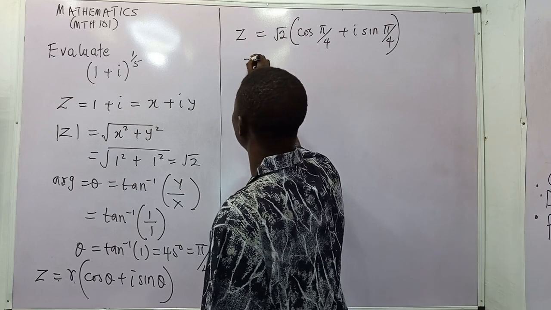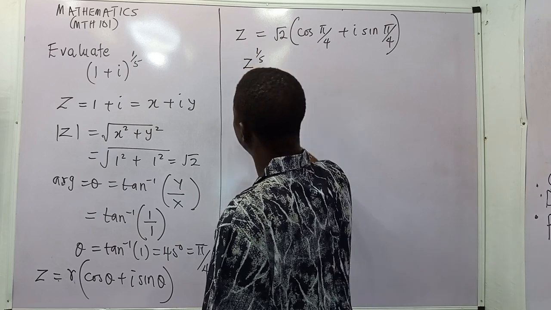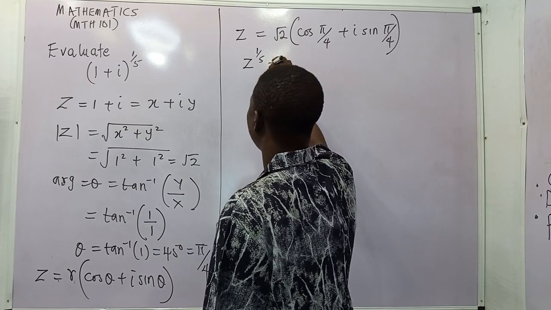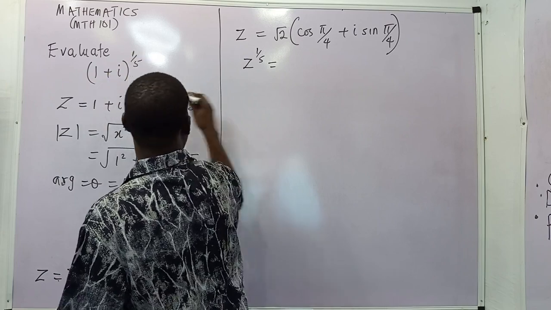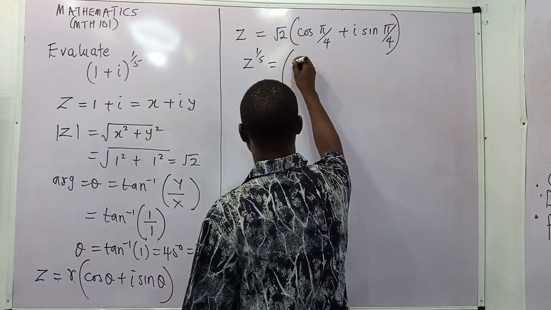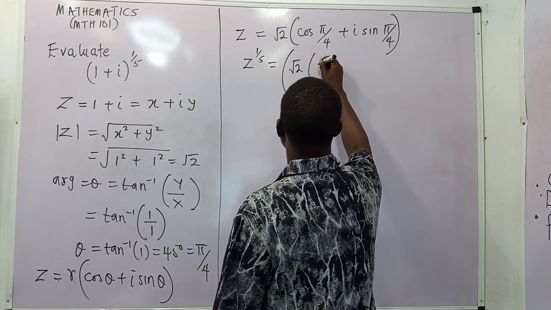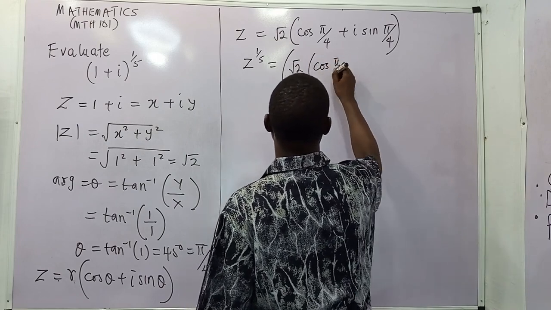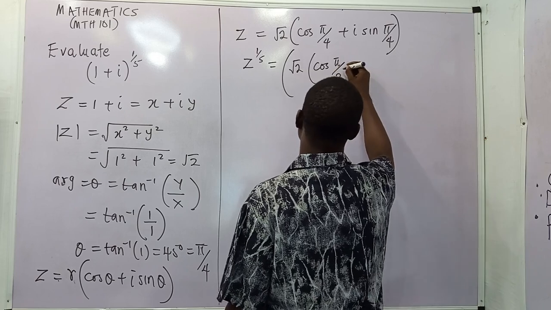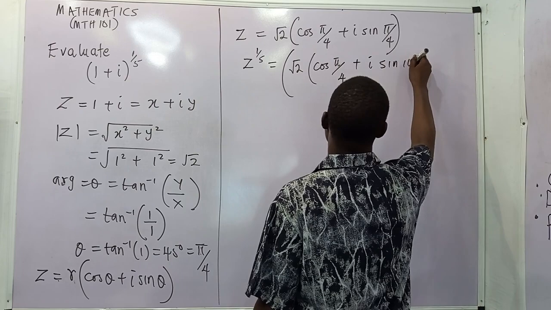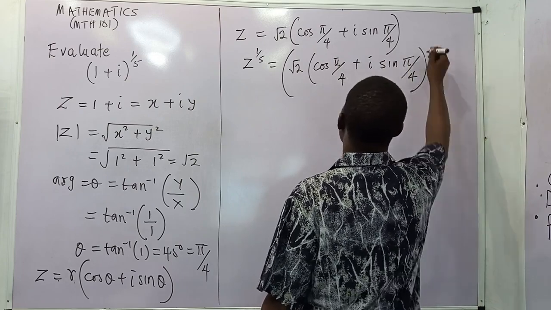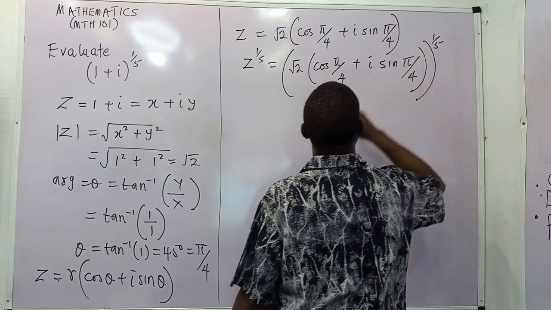But what we are looking for is z raised to 1 over 5. How do you do that? We are looking for the square root of 2 open bracket cos pi over 4 plus i sine pi over 4 all raised to 1 over 5.